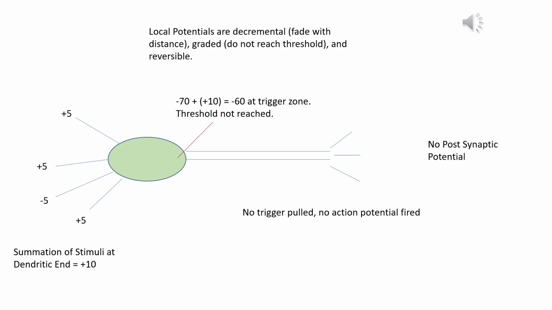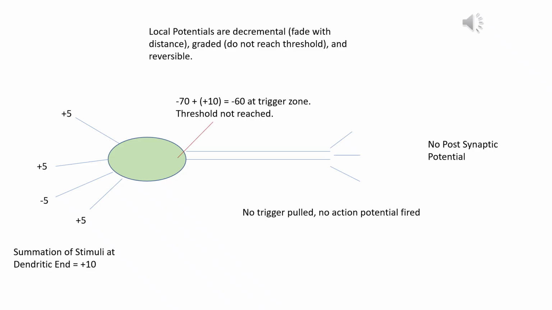So the summation of stimuli arriving at the nerve cell body comes to +10. Our resting membrane potential is -70. The summation of incoming stimuli amounts to 10, so -70 plus 10 equals a change to -60.